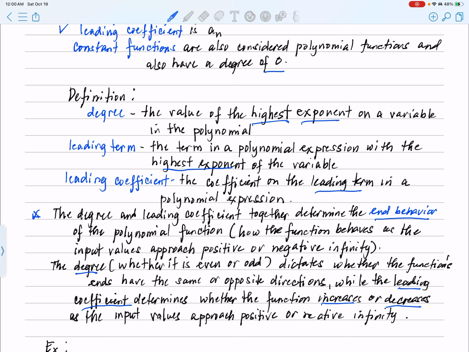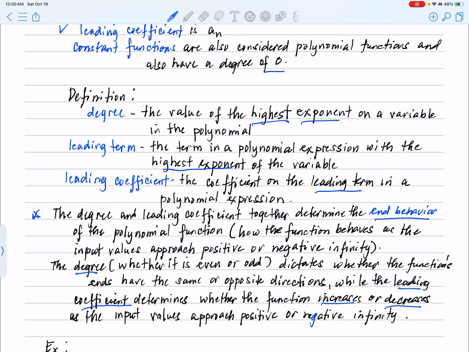The degree, whether it is even or odd, dictates whether the function's ends have the same or opposite direction, while the leading coefficient determines whether the function increases or decreases as the input value approaches positive or negative infinity.